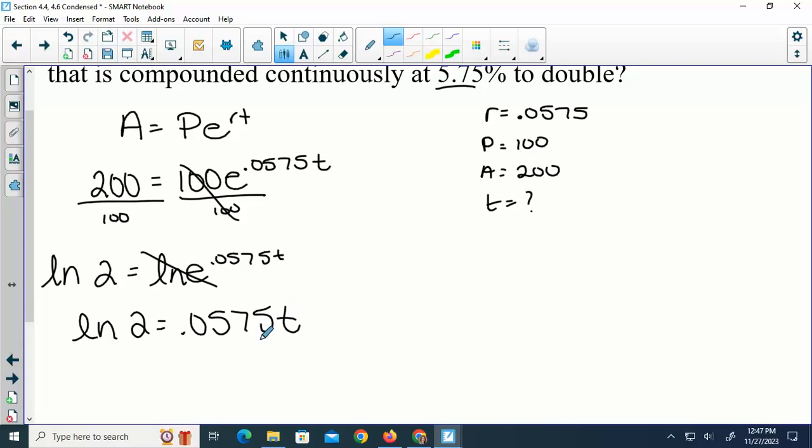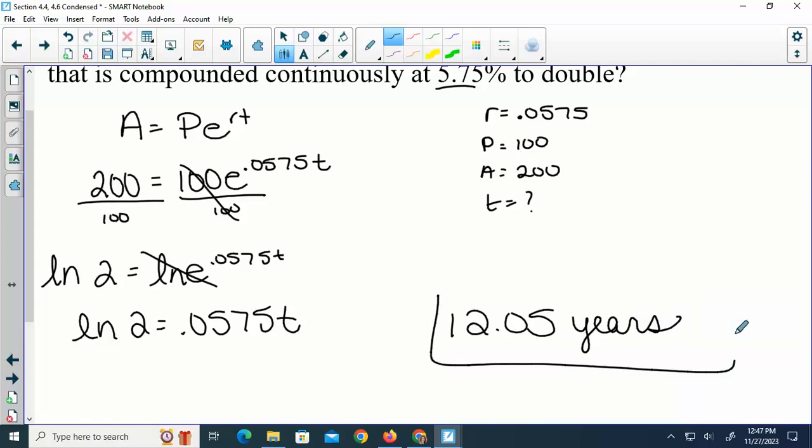So we divide. Remember, this time is always in years. Any questions on that one?